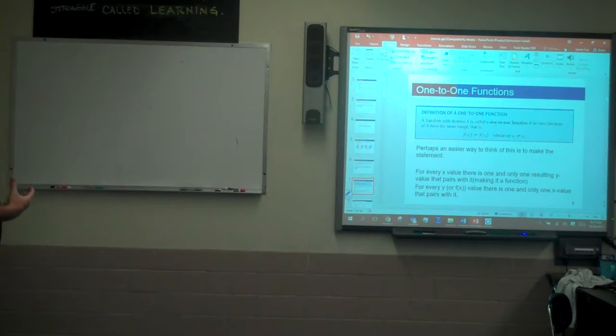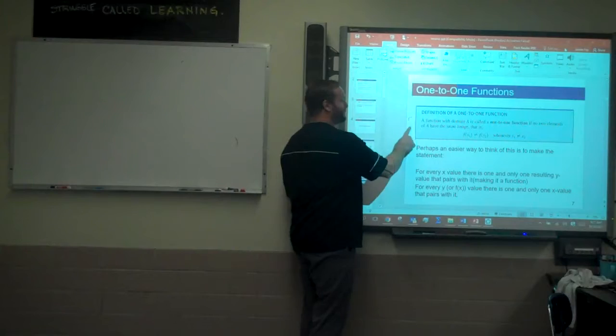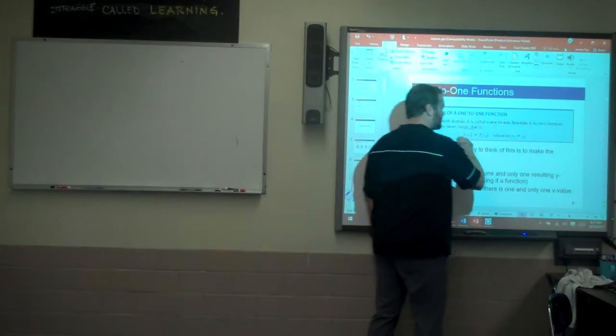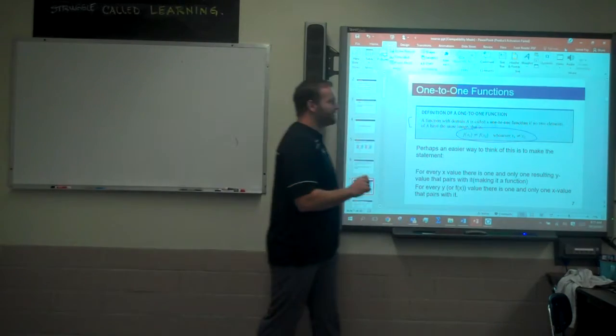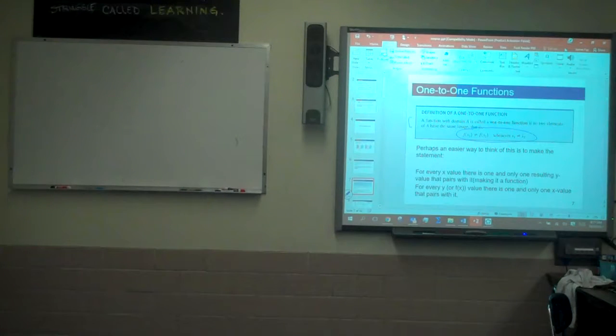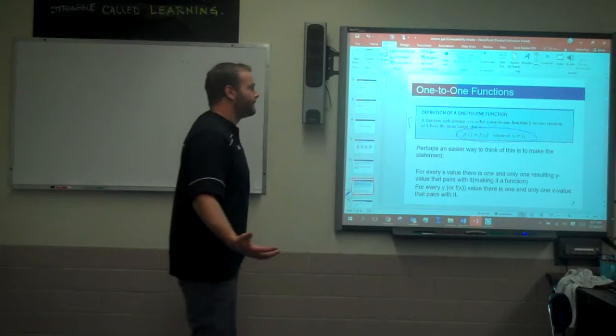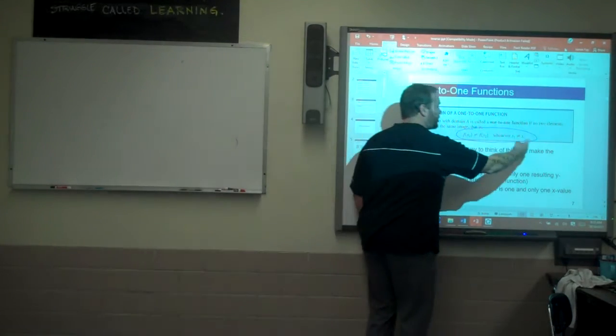The image is the y values, or the f of x values. What it means algebraically is this right here. It says f of x sub 1, your y value that is paired up with some x value, is different than the y value that comes from a different x value, whenever your two x values are different.